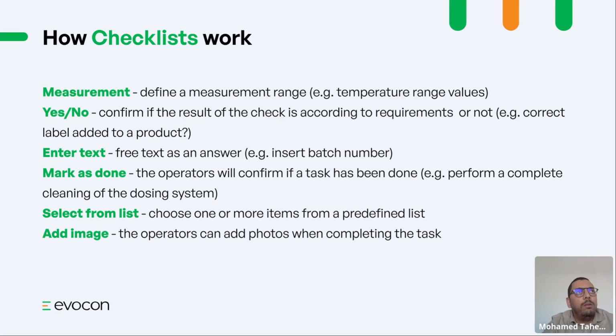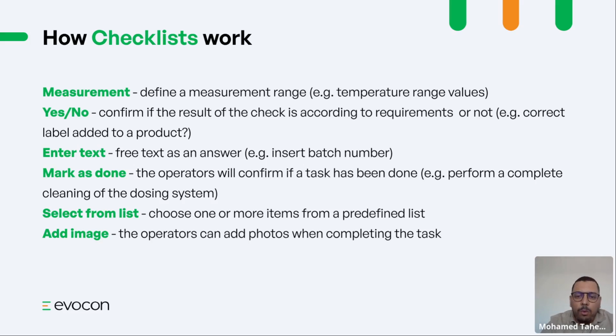We can add the whole list of spare parts according to what you have in your ERP or CMMS, and when the technician changes the part, he can select one part or multi-select. Also, a new feature added recently, I think 1 or 2 months ago, is add image, which is very powerful when operators can add photos when completing a task.